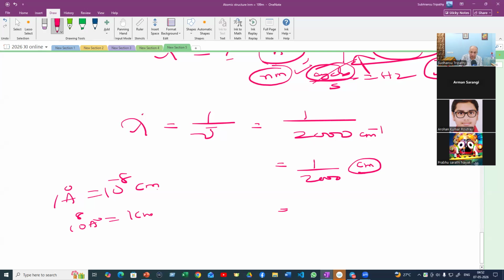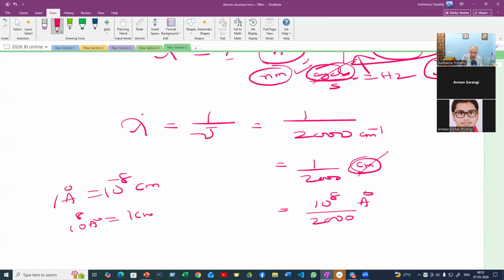So here you convert centimeter into angstrom so that you can simplify the calculation. That means keeping 10 to the power 4 away, 10,000 by 2000 becomes 5.